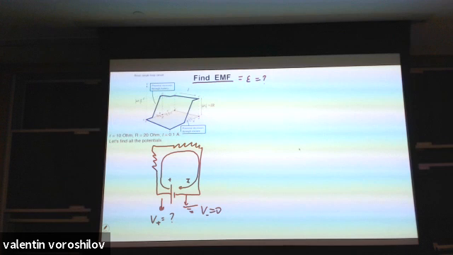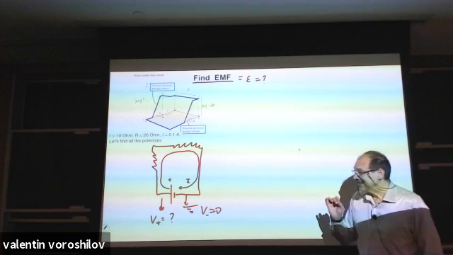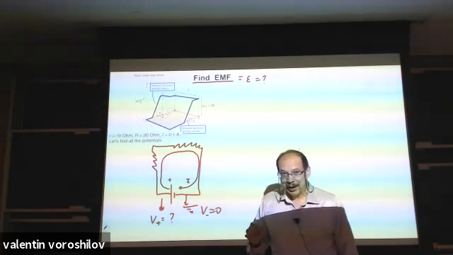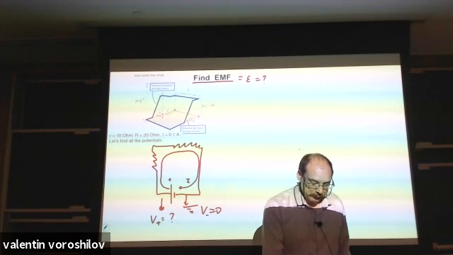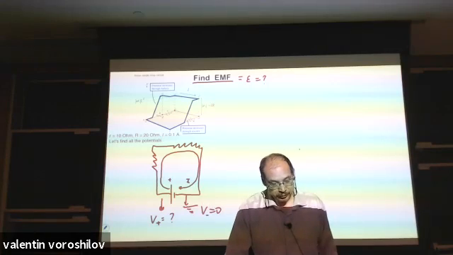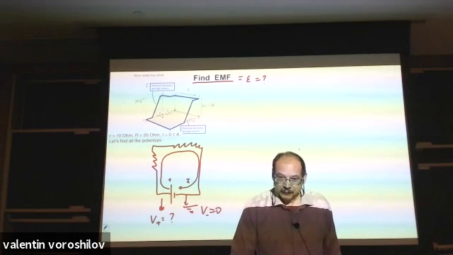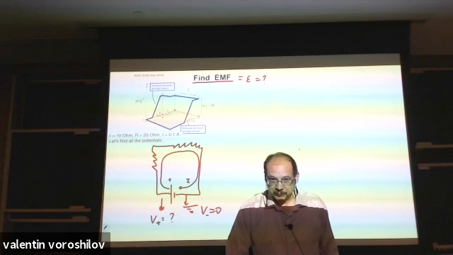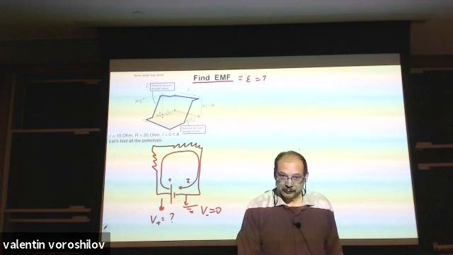And now I need to make a very important note about the terminology. Electric current has a direction, and sometimes we need to describe that direction. The question is, what is the direction of electric current? This question has no answer unless you say where.